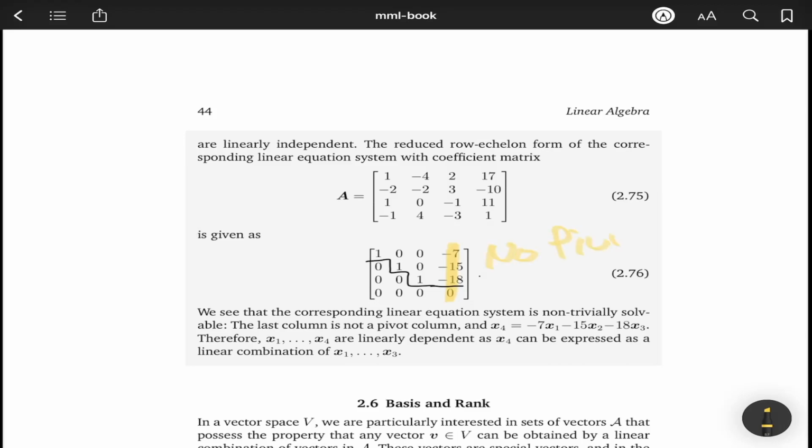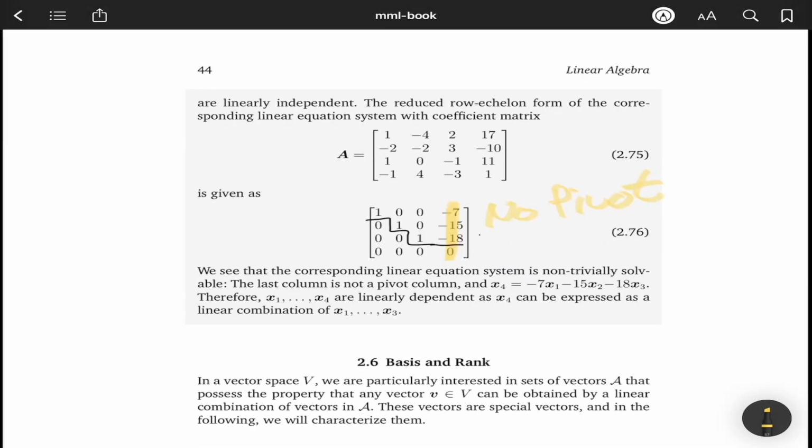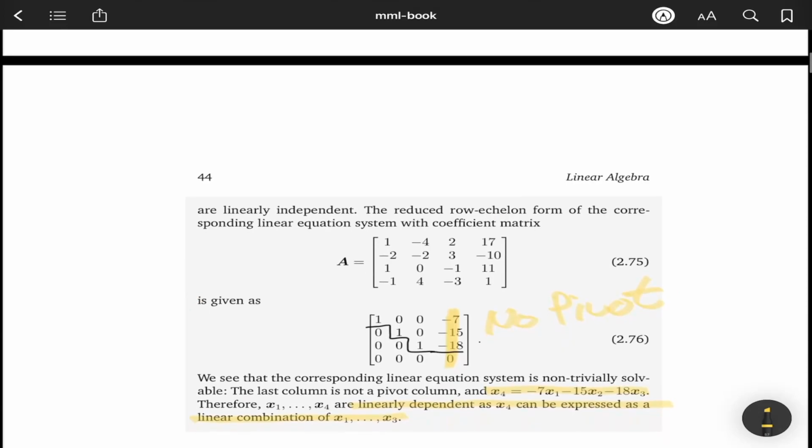No pivot. No pivot. And now they're saying that x4, well, basically that the whole system is linear dependent, as we can express x4 as a linear combination of the first three. Exactly like that.